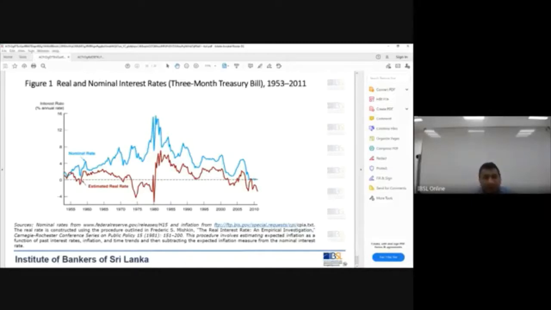Where the nominal interest rates decrease, real interest rates also decrease. So at the points you see here, the real interest rate is almost 0 and the nominal interest rate is about 4%. So it is nothing but the expected inflation there.